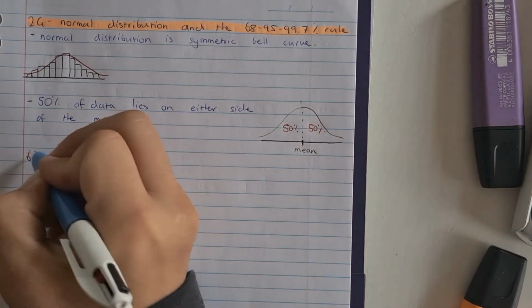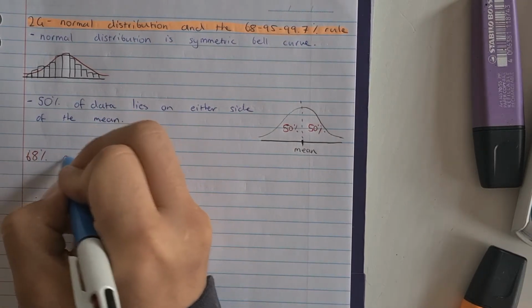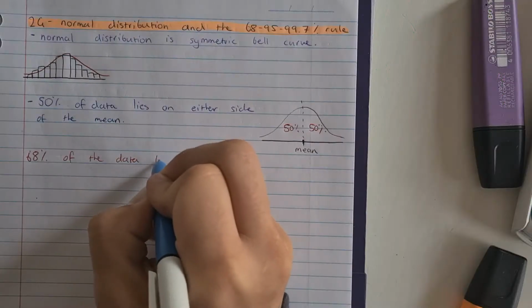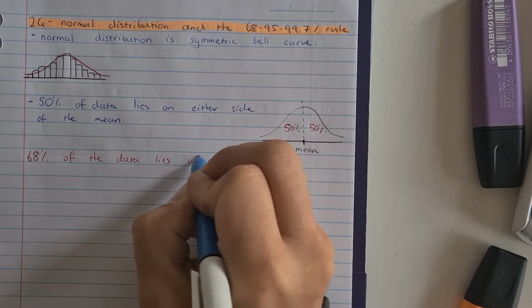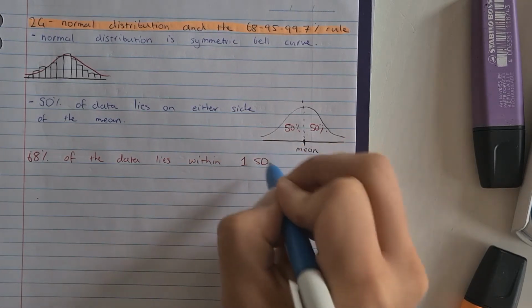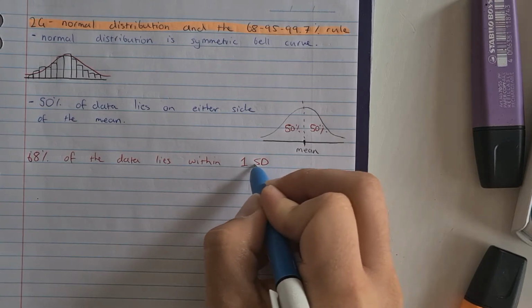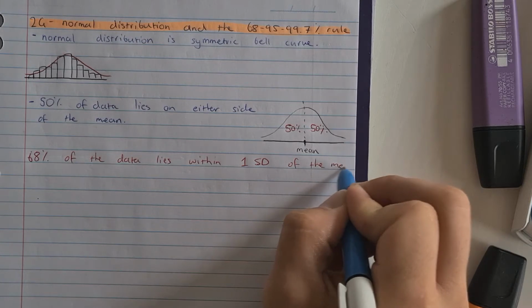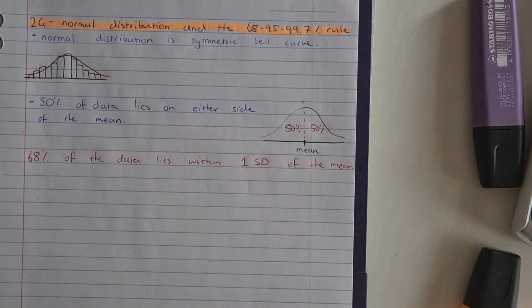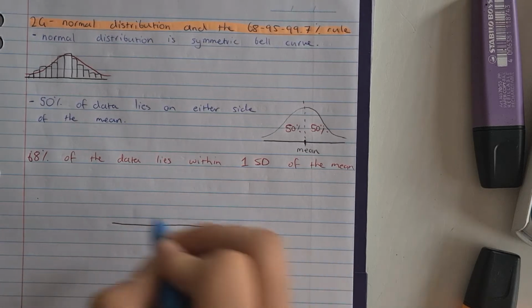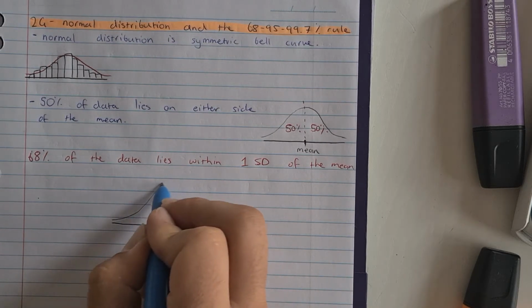We've got 68% of the data lies within 1 SD, SD standing for standard deviation, of the mean. Now let's draw this graphically so you can see it. We've got our bell curve.